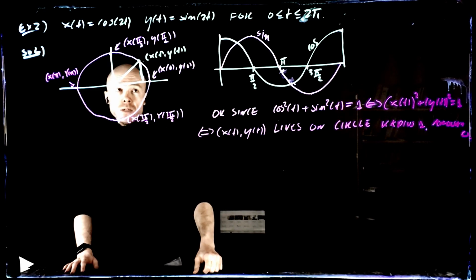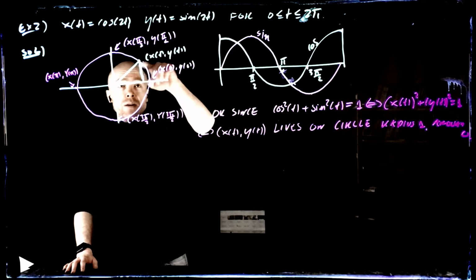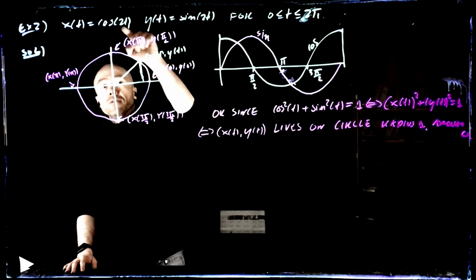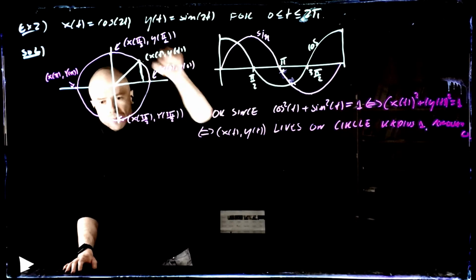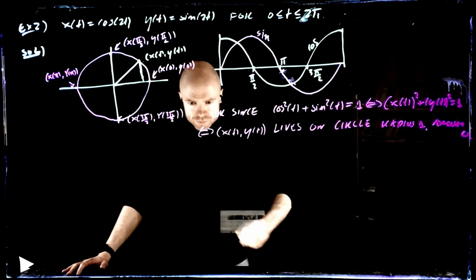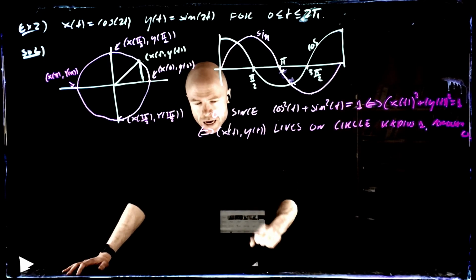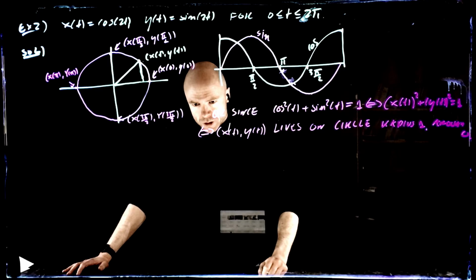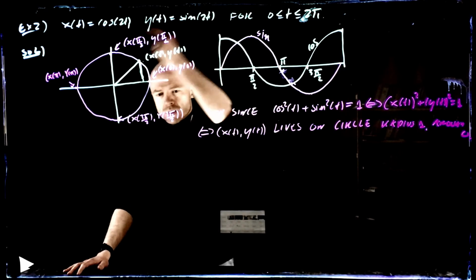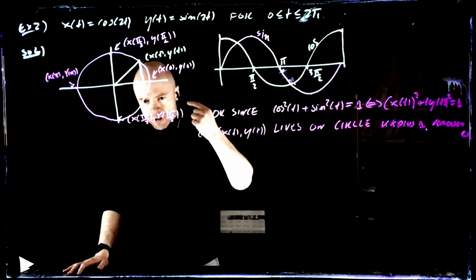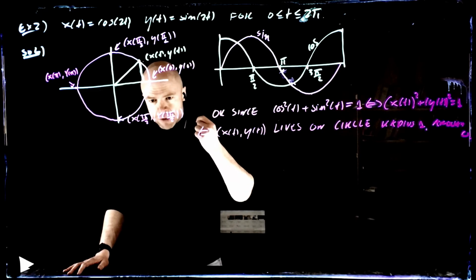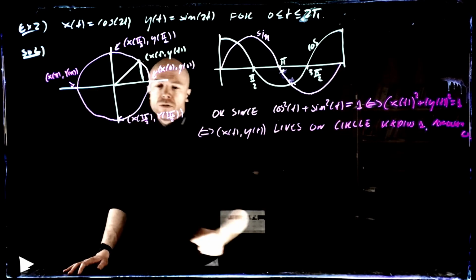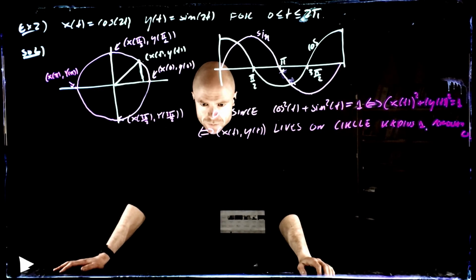Yeah? So if this is our curve, and we have another curve, which is just cosine of t, sine of t, if we draw them, they look exactly the same. They look exactly the same, but they're completely different. This bee goes around the curve twice in the same amount of time because it's flying at twice the speed of the first bee.